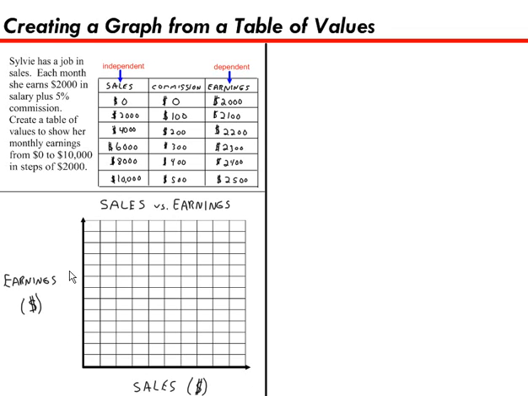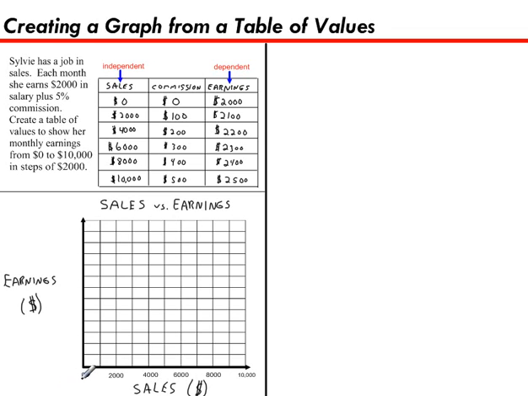On the vertical axis side for earnings, I need to go from $2,000 to $2,500. So I'm going to choose a smaller scale for the vertical axis. I'm going to go with $50 per space. Now I'll label the dollar amounts on the sales axis. There you go.